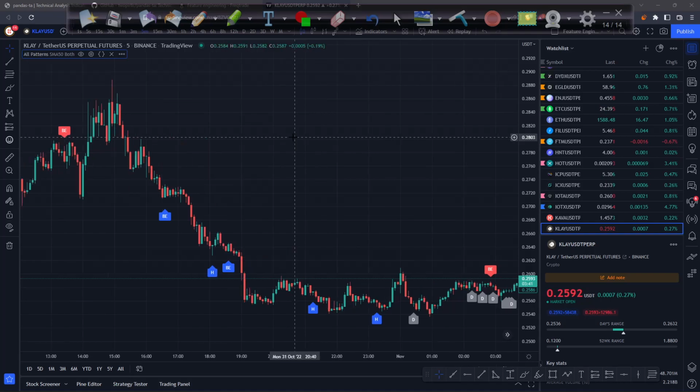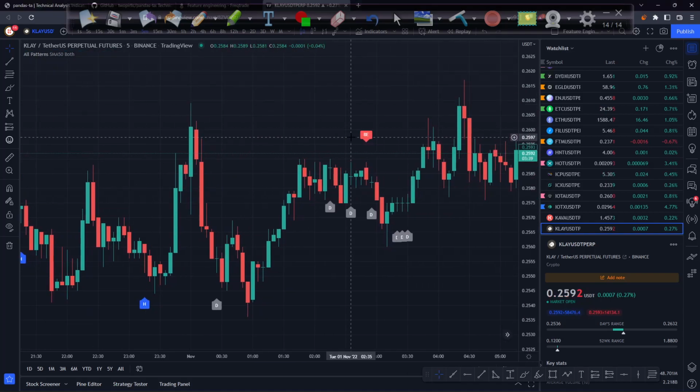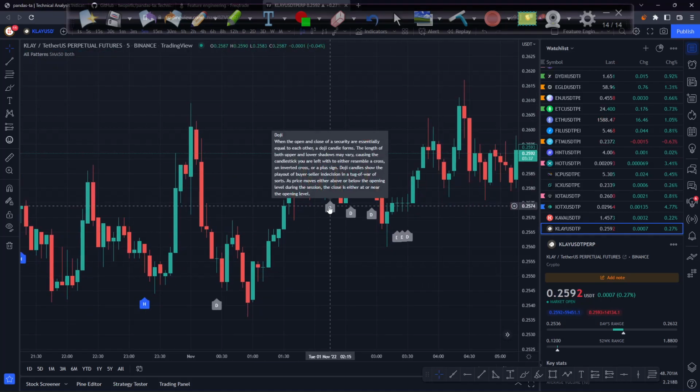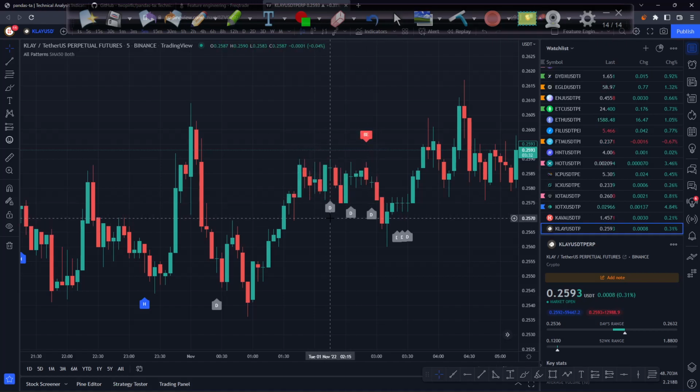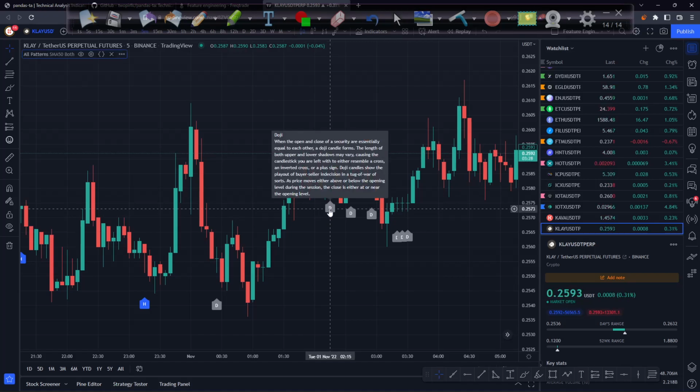And let me make it bigger. Now what we have here is doji. When the open and close of a security are essentially equal to each other, a doji candle forms. The length of both upper and lower shadows may vary, causing the candlestick you are left with to either resemble a cross, an inverted cross, or a plus sign.